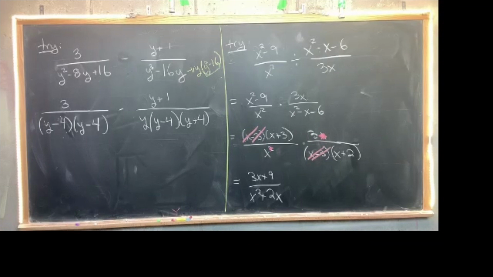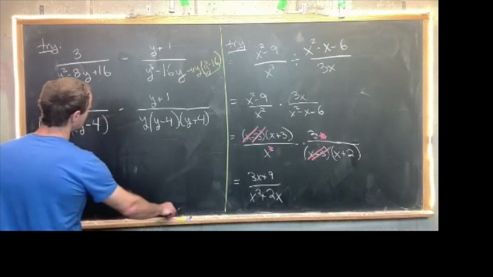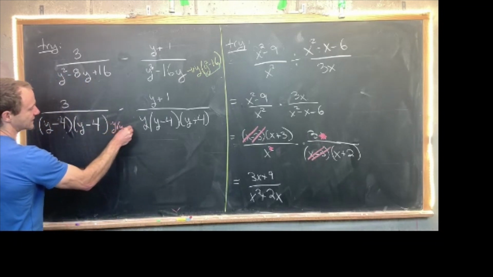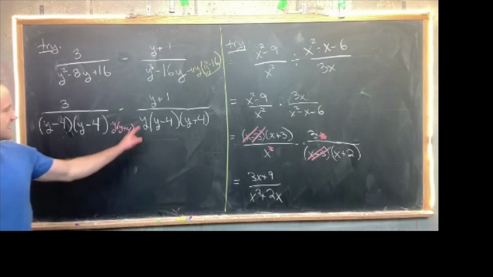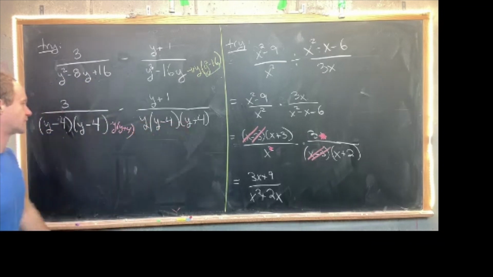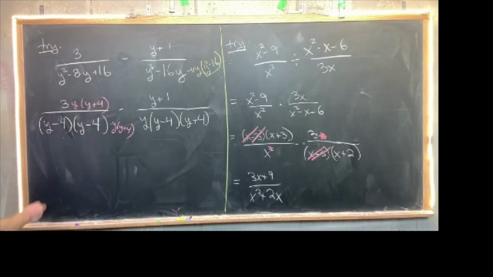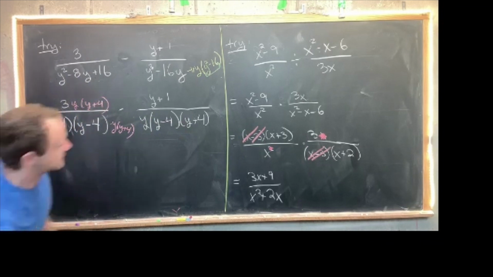So let's see what we're missing in each part. Over here, we are missing a y and a y plus 4, because notice this includes a factor of y and a factor of y plus 4. So we'll multiply the numerator and the denominator by y times y plus 4.